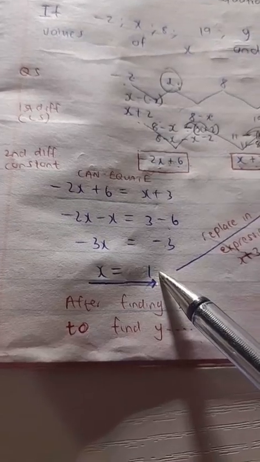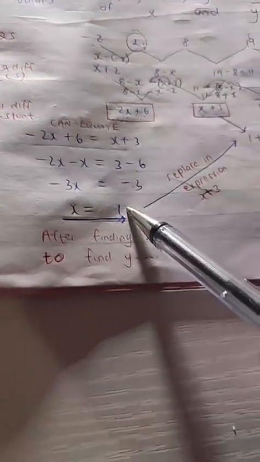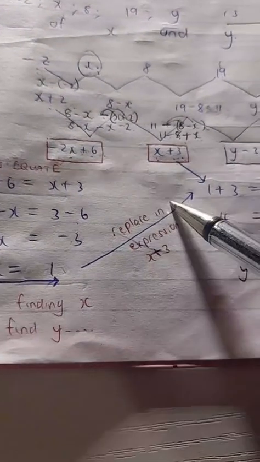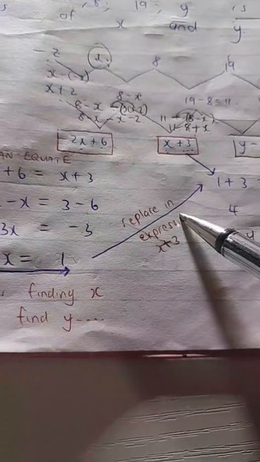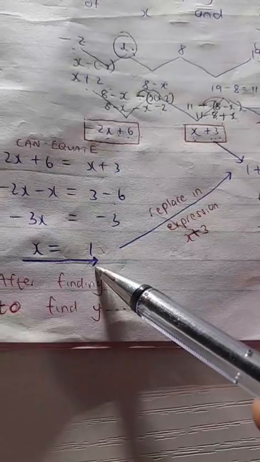Okay, so far so good? I hope so. But we want y. So after finding x, to find y, what do we do? We replace in the expression x plus 3 this x, which is equal to 1.